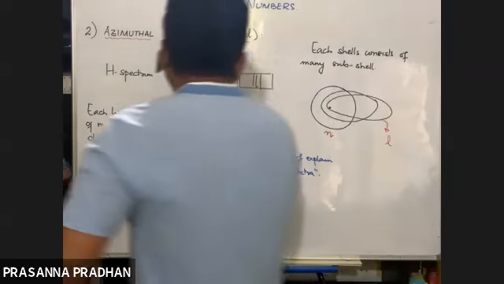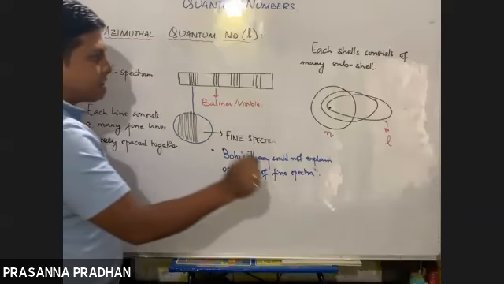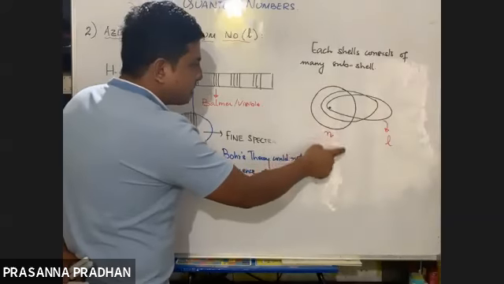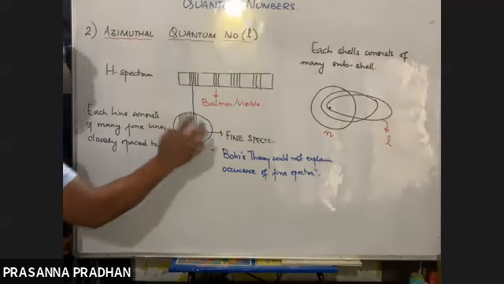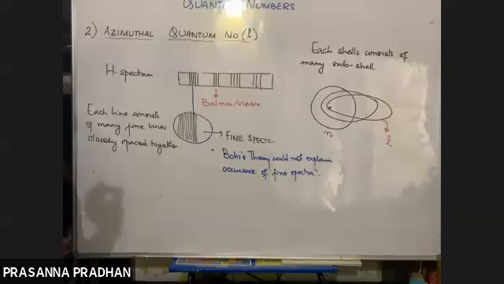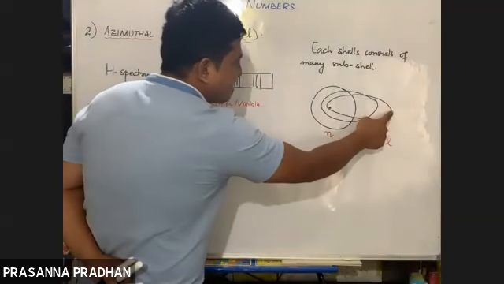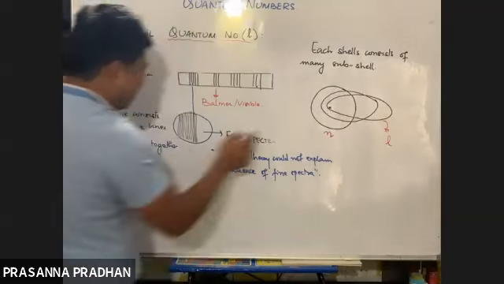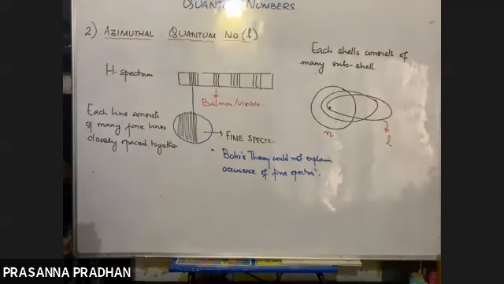These lines were explained on the basis that when an electron makes a transition from one shell to another shell, we get these lines. Similarly, this fine spectra was explained on the basis that when an electron makes a transition from one subshell to another subshell, we get these fine lines.